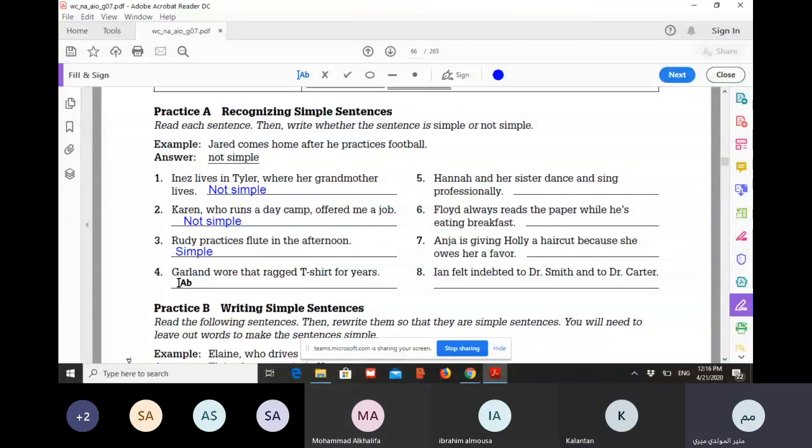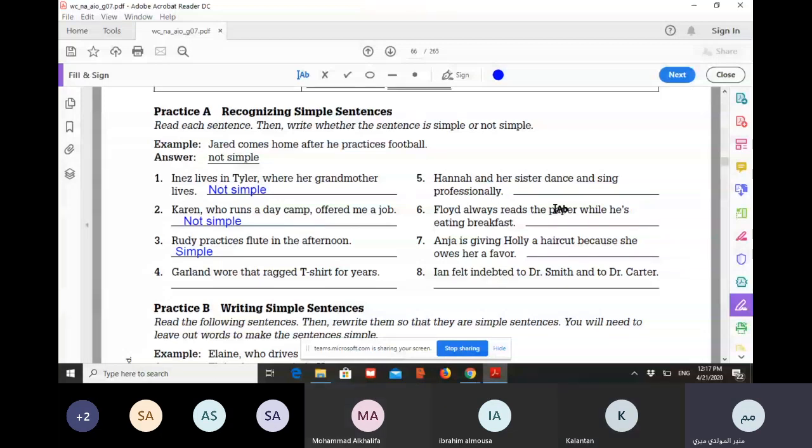What about number 5? Hannah and her sister dance and sing professionally. Not simple, because there's compound. How come that it is compound? So look here. If you find and before and we don't have a comma, also here we don't have a comma before and, this means that the coordinating conjunction is not introducing another main clause, but it is introducing parts or words.